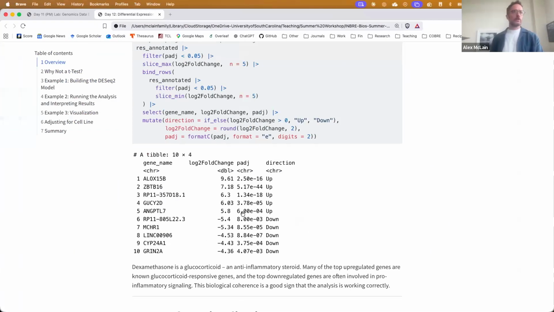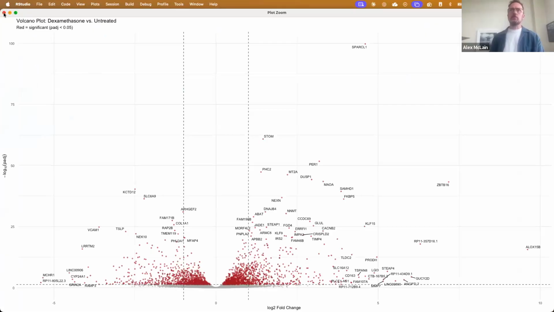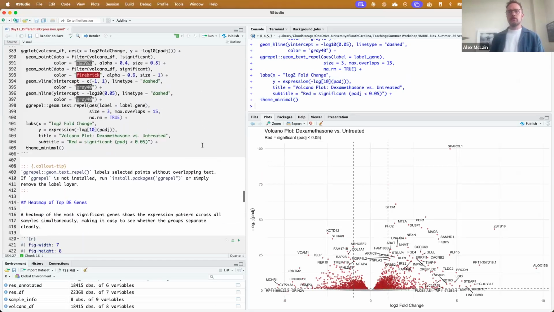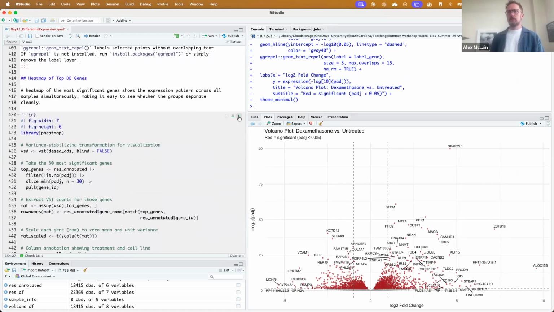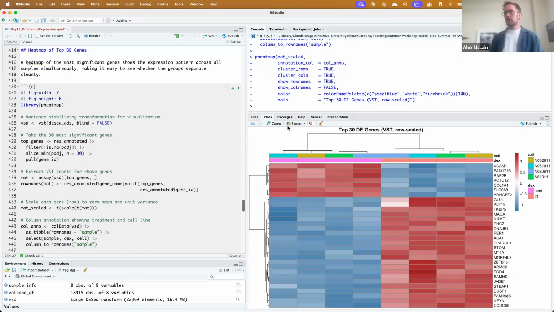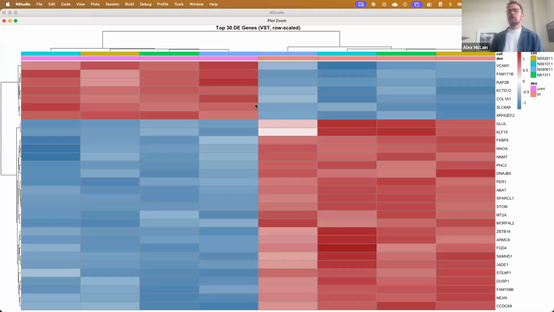I'm actually just going to go right to R because I enjoy looking at these plots in full. So I'm using the pheatmap library here, so you'll have to install that if you haven't done so already. Okay, so this is the heat map.